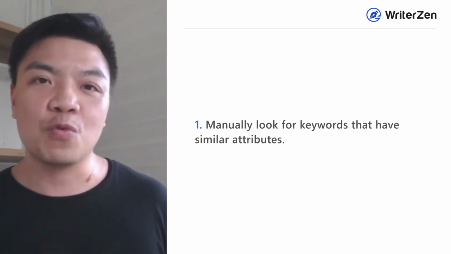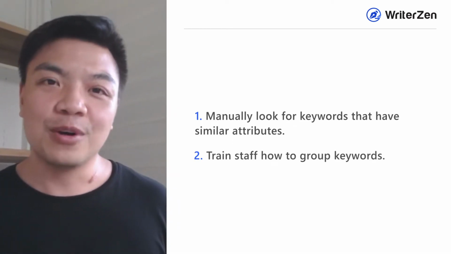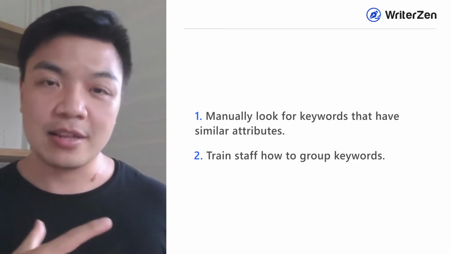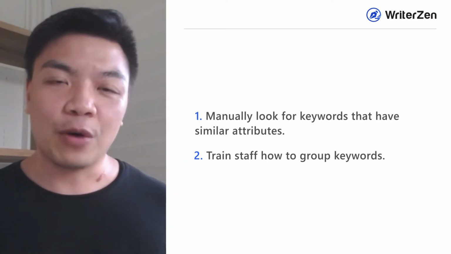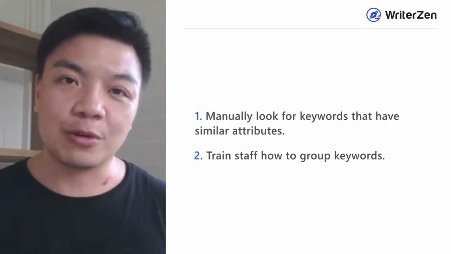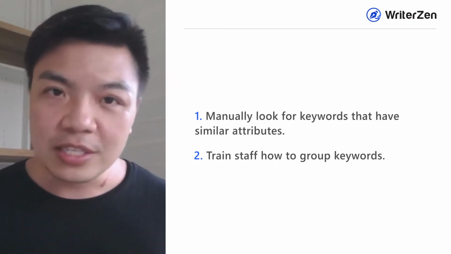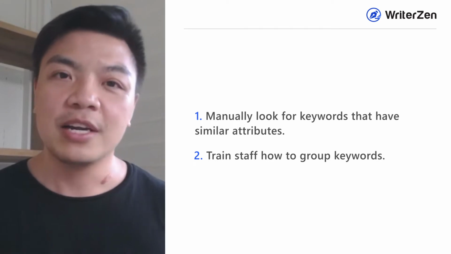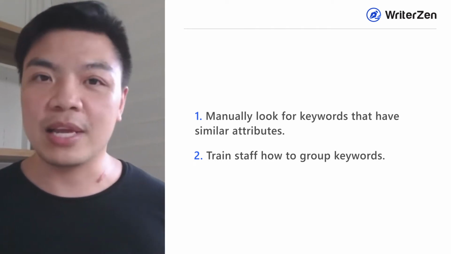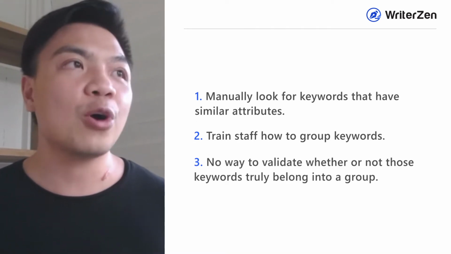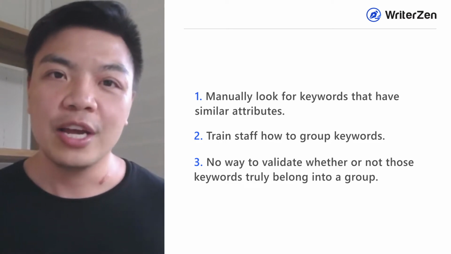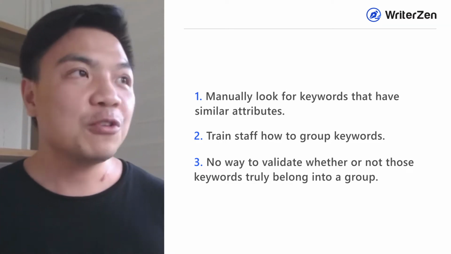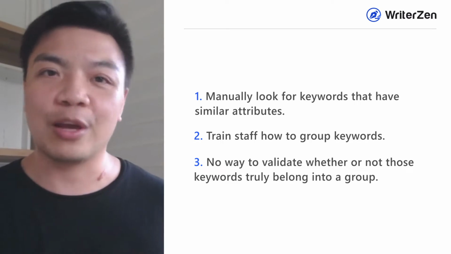And the next step is to train your staff so that they would be able to understand this way of grouping, and they would have to sit down and start grouping those into different groups. And despite all this effort, the biggest problem we had as a team with this kind of work is that at the end of the day, there's no way for you to validate whether or not those keywords truly belong in a group.